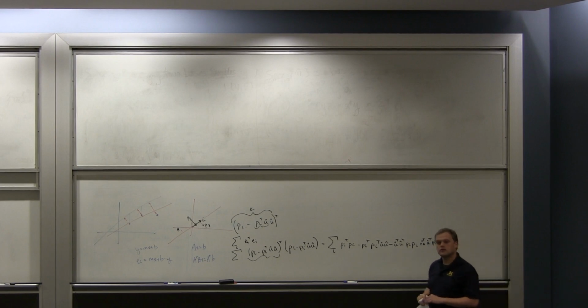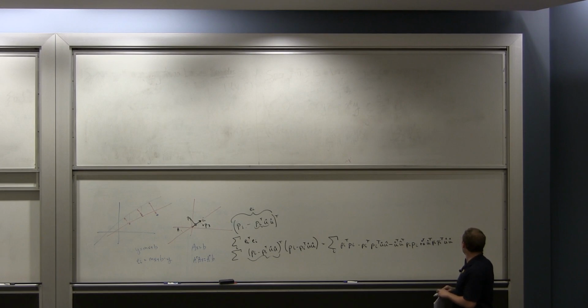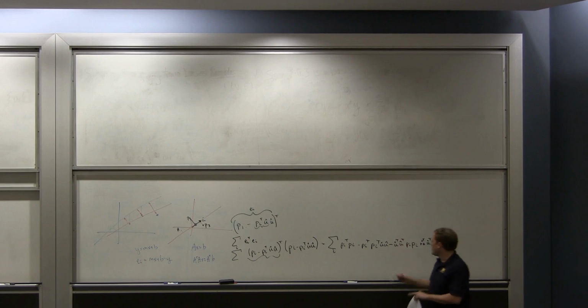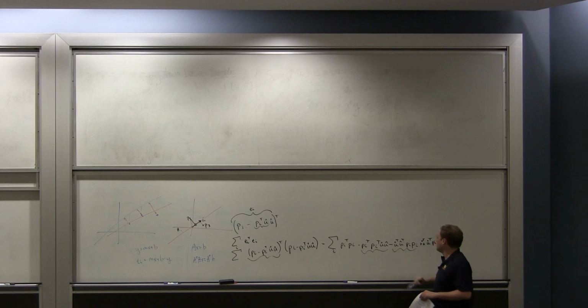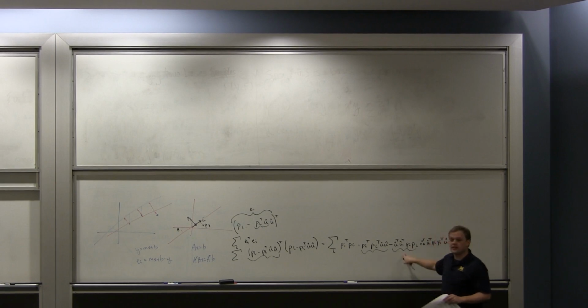I think the last three terms are equal in magnitude. Well, I'm not sure about this one, but this term and this term certainly have something interesting going on with each other. So what is this in terms of linear algebra: a matrix, a vector, a scalar? A scalar. What's this one? A scalar, right? They all have to be scalars. And this is the transpose of this. Didn't we see this happen last time? Not too surprising.